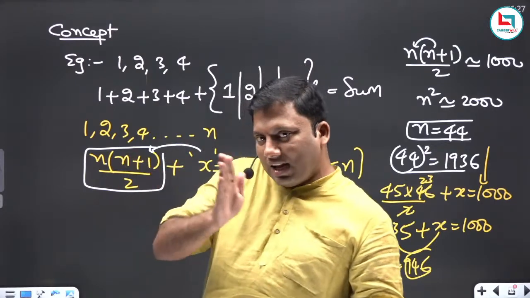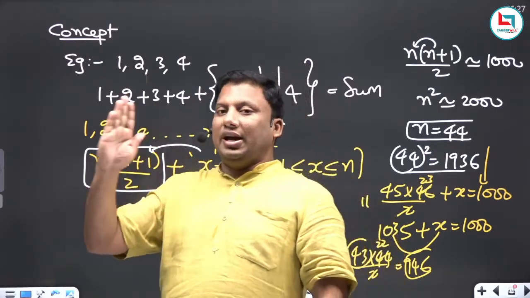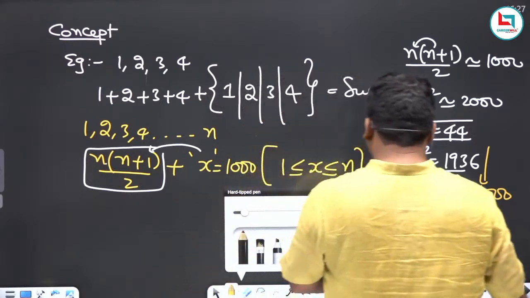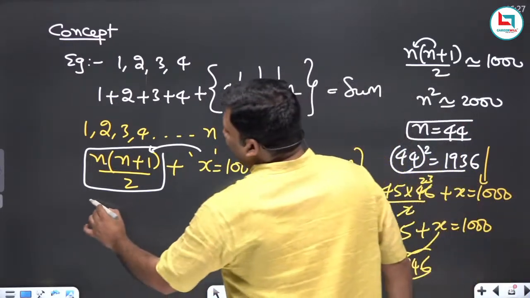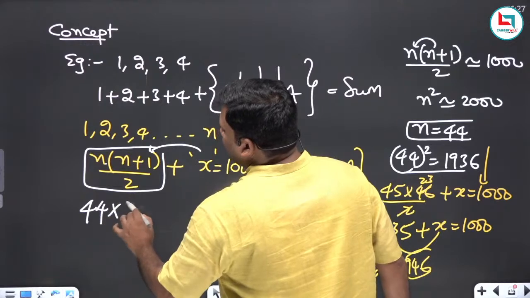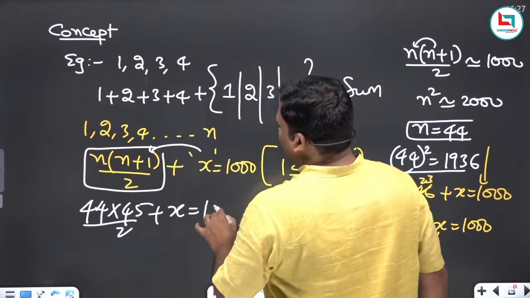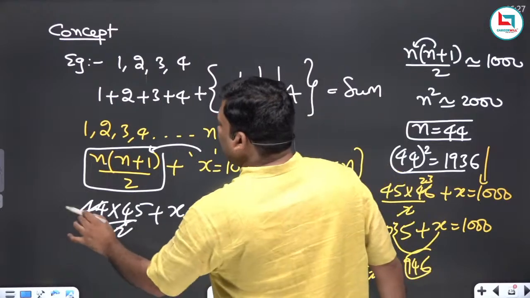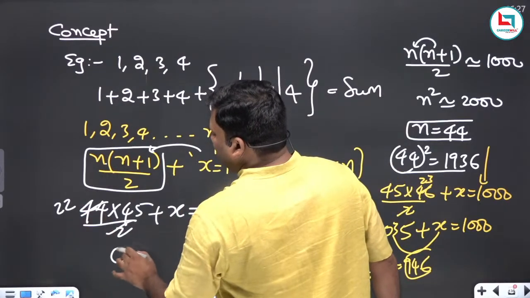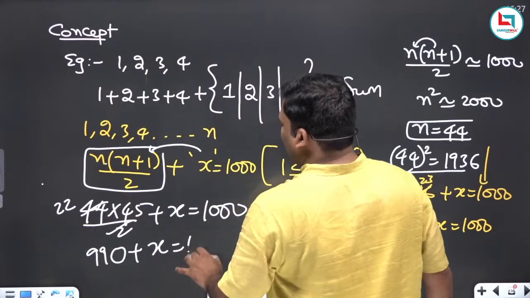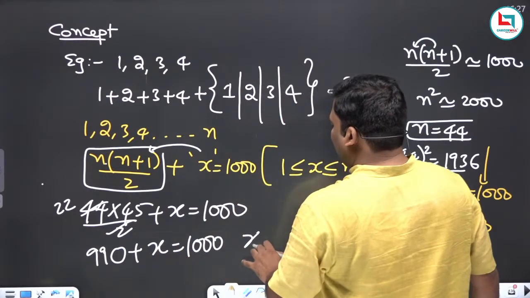So n less than 44 is not possible, n greater than 44 is not possible. So the only choice n has is 44. 44 into 45 by 2 plus x equals 1000. 22 fives are 990, plus x equals 1000. So x will be 10.